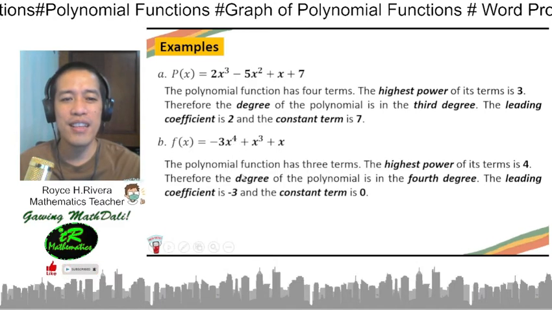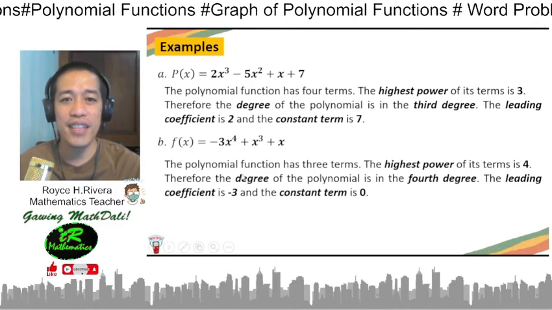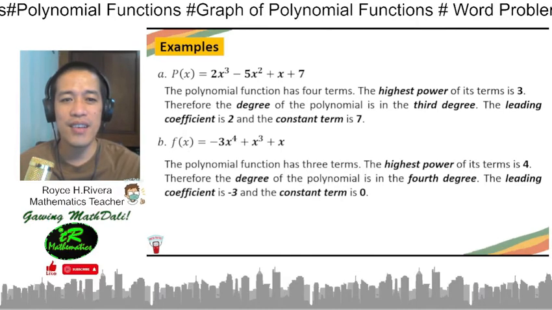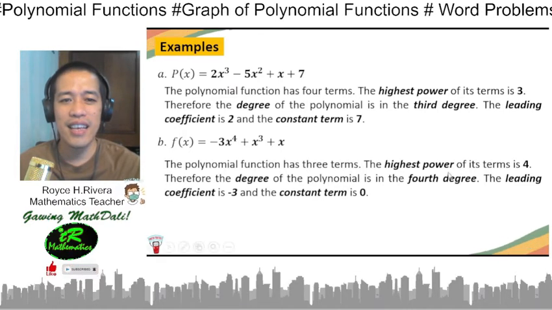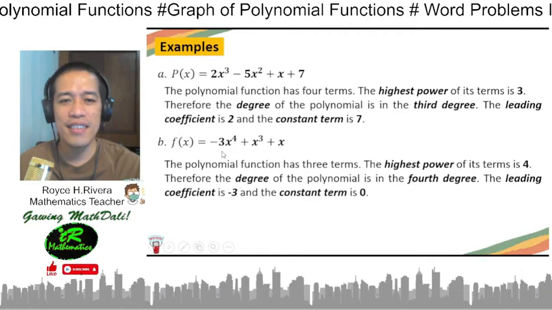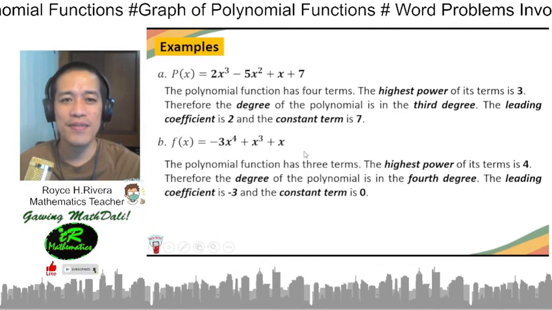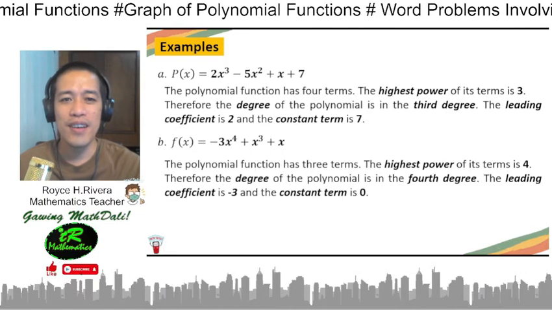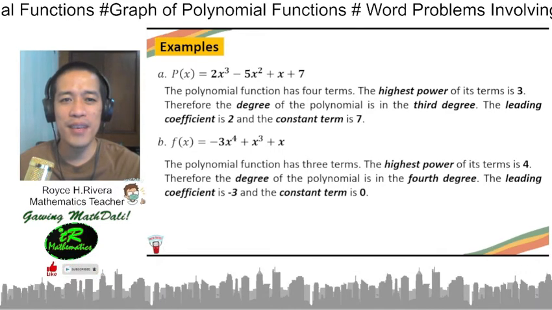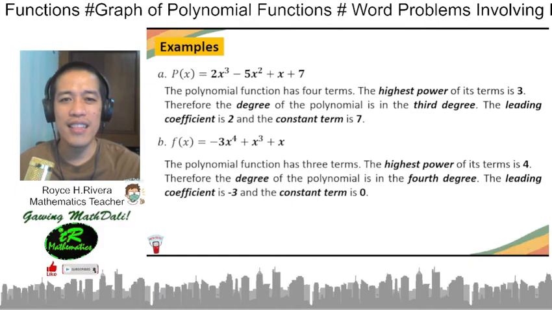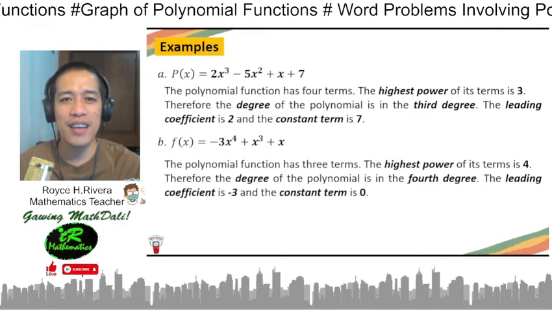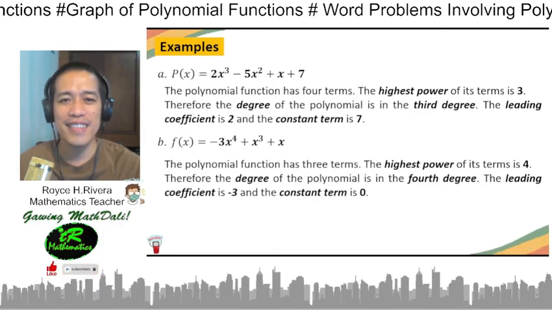Therefore, the degree of the polynomial is the fourth degree. The leading coefficient is negative 3, and the constant term is 0. Remember, always arrange the polynomial in descending order with respect to the exponent.